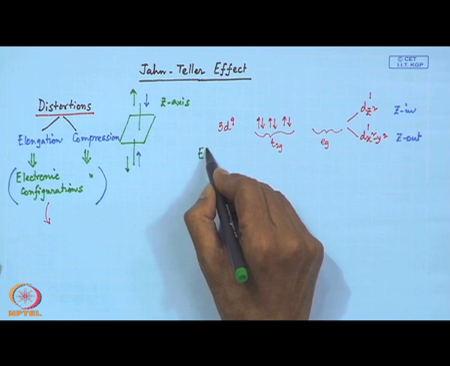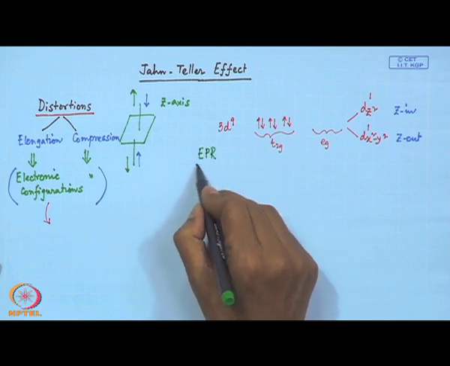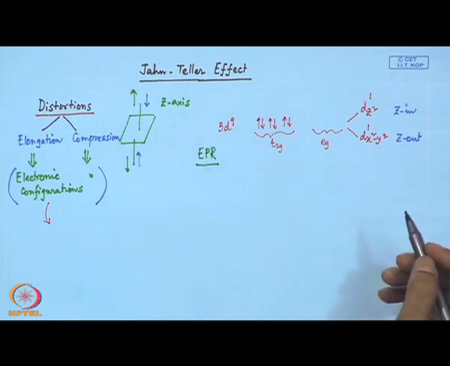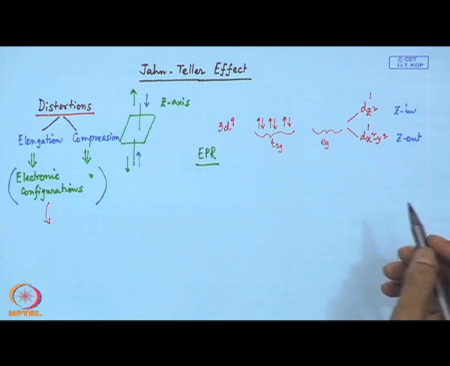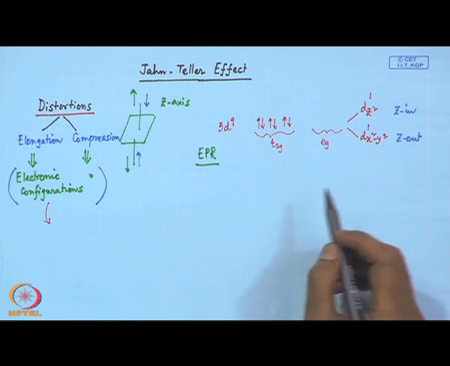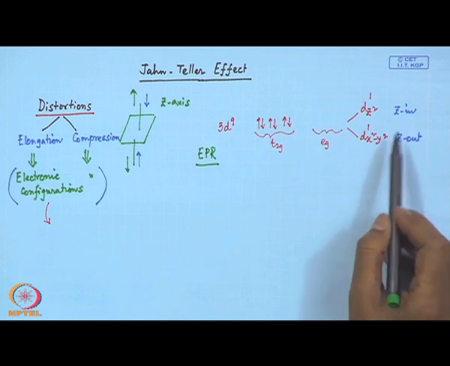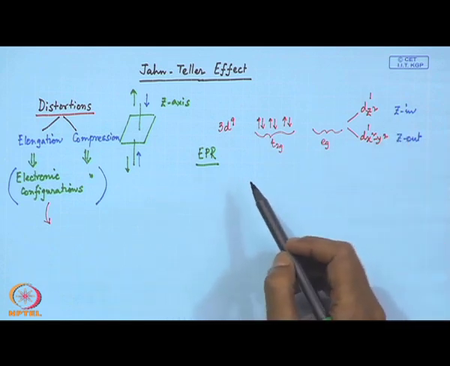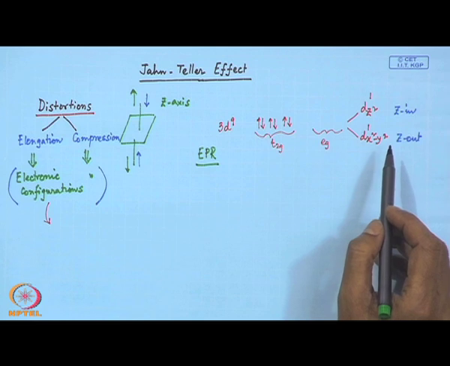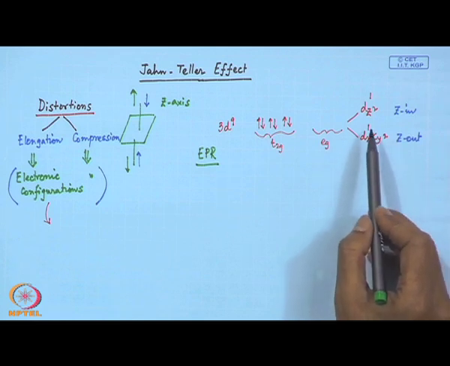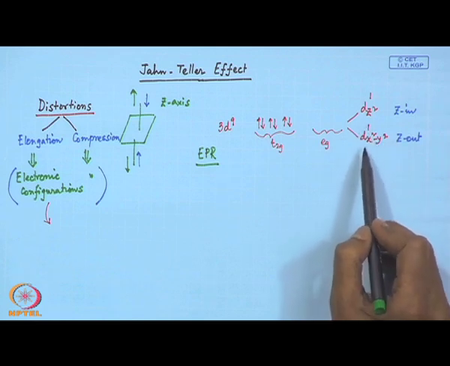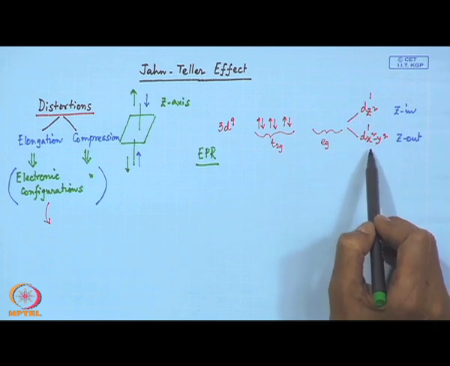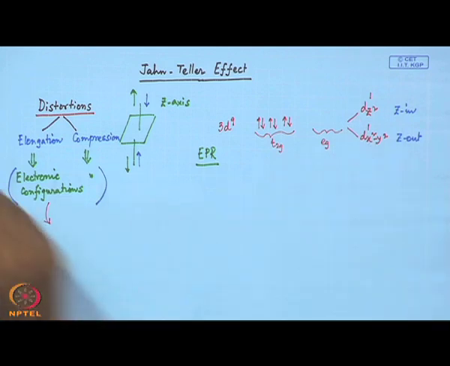So, electron paramagnetic resonance is one such technique where we can measure the electron paramagnetic resonance spectrum for the copper ion. So, in these two cases we can have two different types of spectrum for clear identification of the situation where the electronic configuration is dz square 1 or dx square minus y square 1.